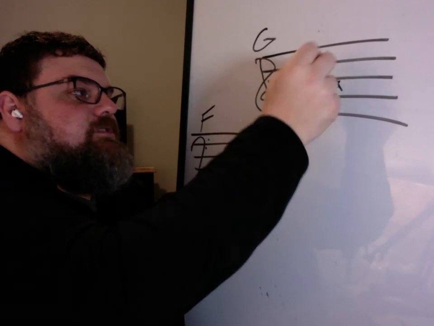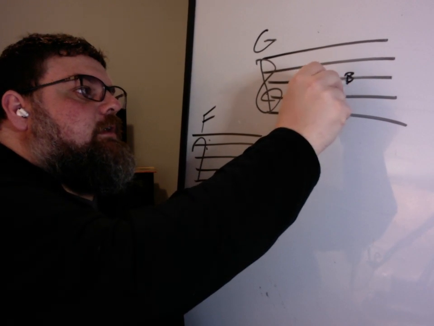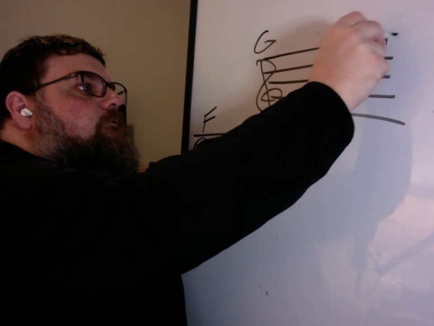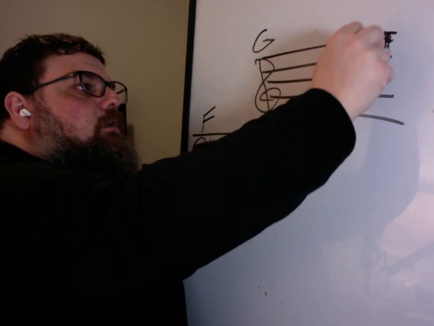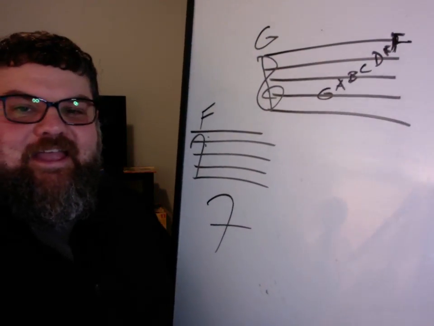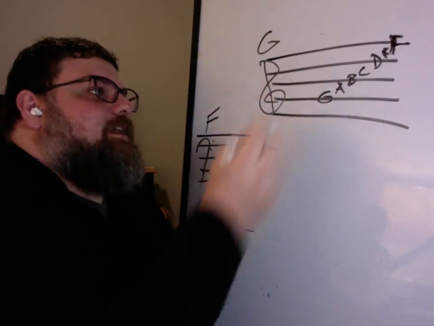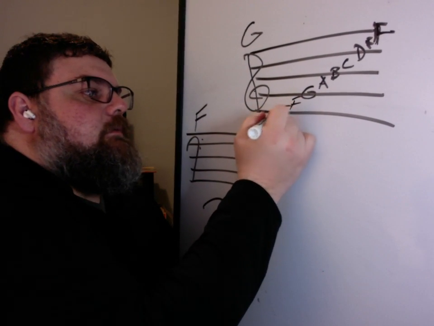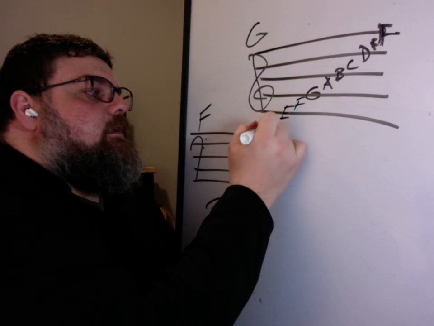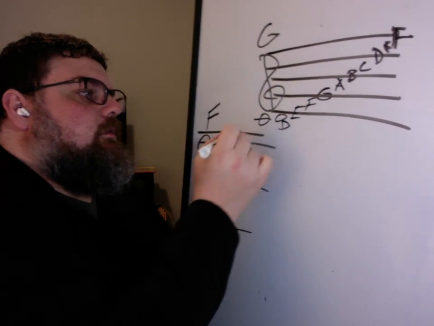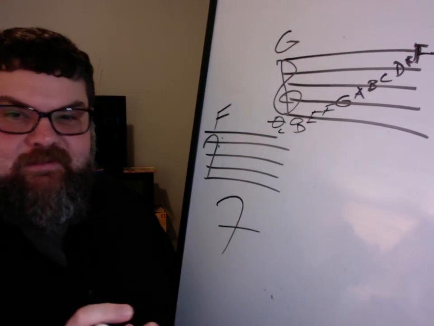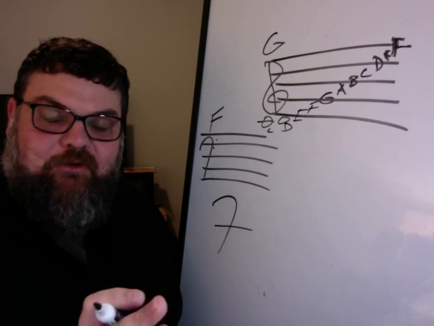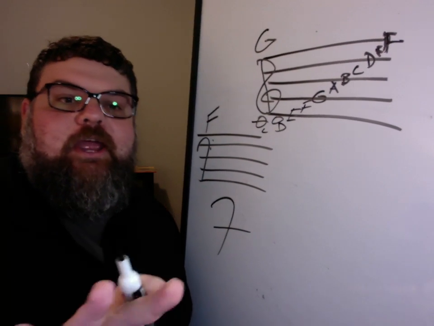That means the space above it is just the alphabet: A, line B, C, D, E, F. And then you would also do your ledger lines above, continuing the alphabet, line to space. Then this would be F, E, the note D, and then the note C. Some of you already are on to me about what's going to happen with that C, because that C is special. It's a special note. But hold your horses, we're going to get there.